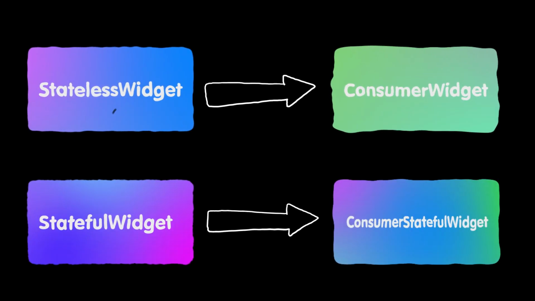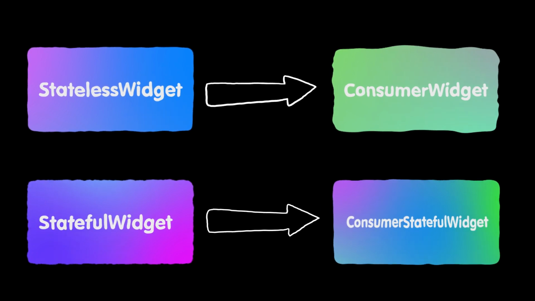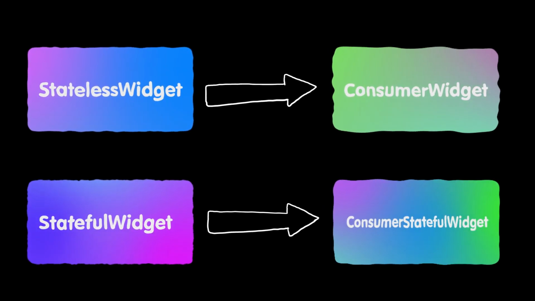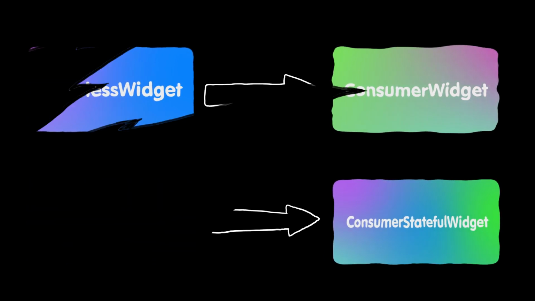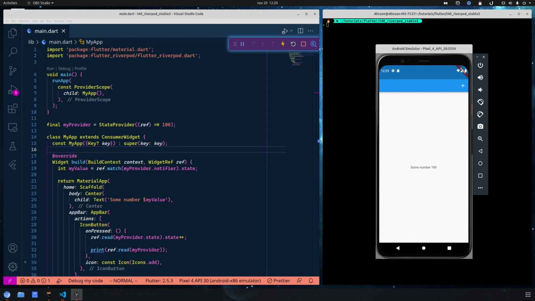If you want to use provider inside these widgets, you should use a consumer widget instead of a stateless widget, and a consumer stateful widget instead of a stateful widget.